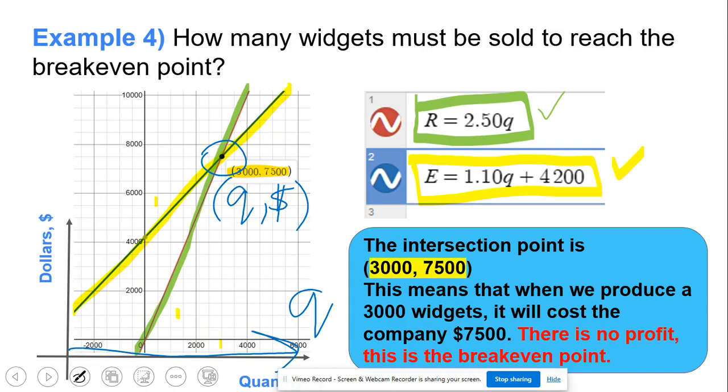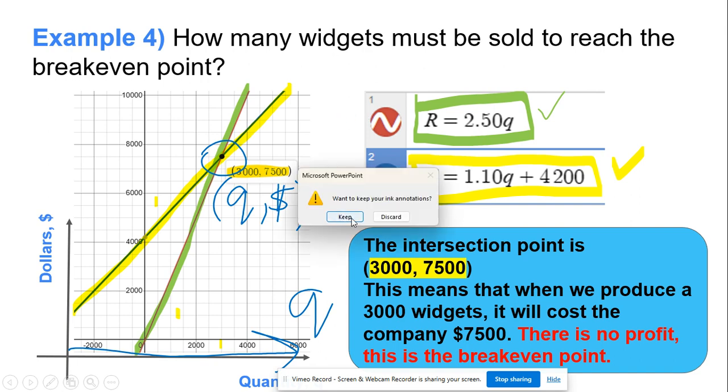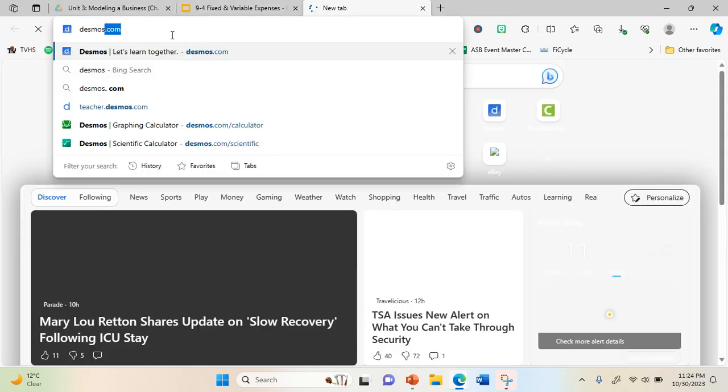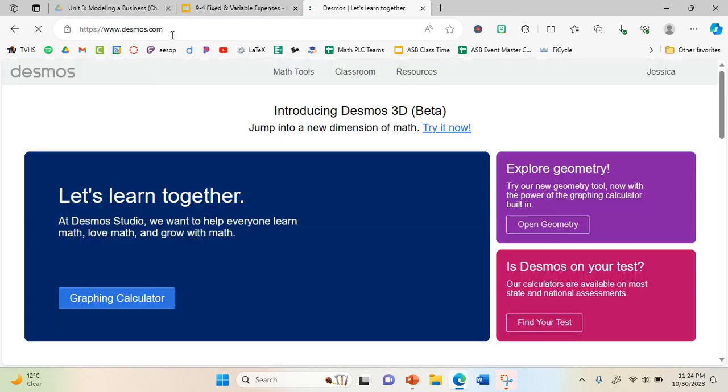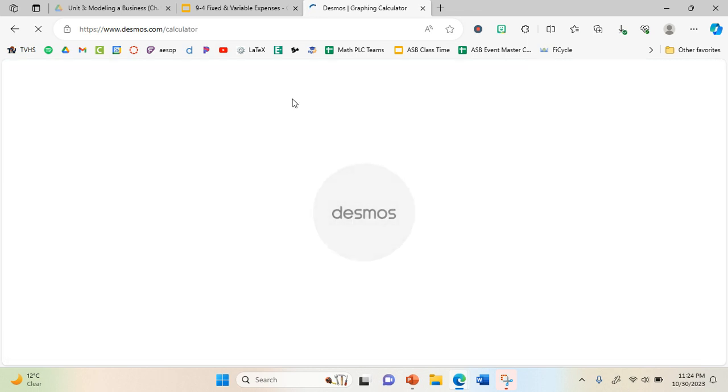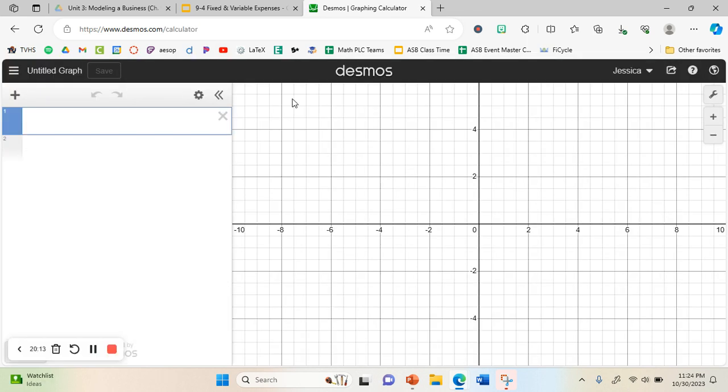Remember how last time we punched in 2.50Q and 1.10Q plus 4200? It's that same thing. So I'm going to show you how we can just go over to Desmos and use this to our advantage. Go to desmos.com and choose the graphing calculator. Then you type in our revenue equation and also our expense equation.